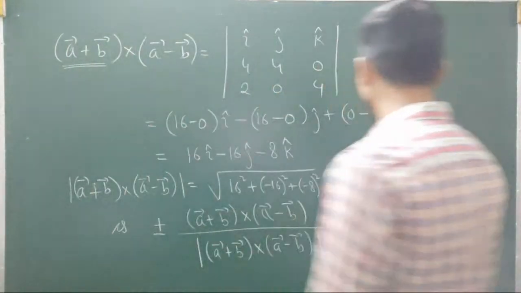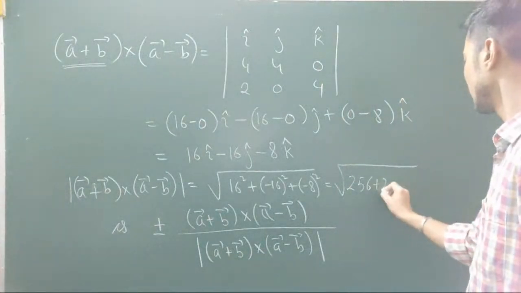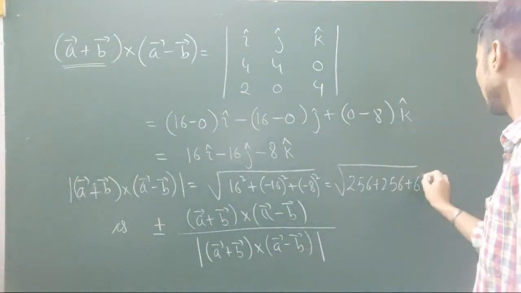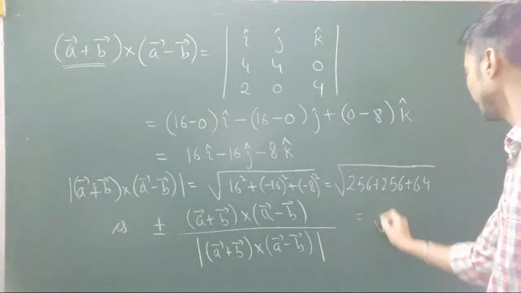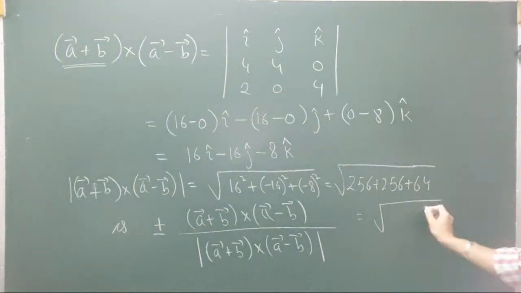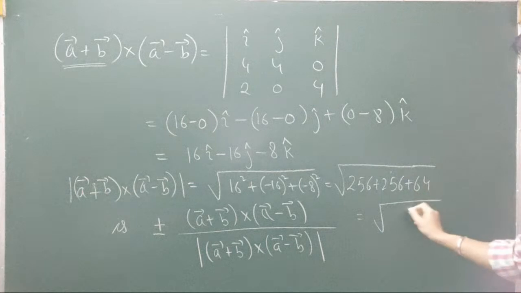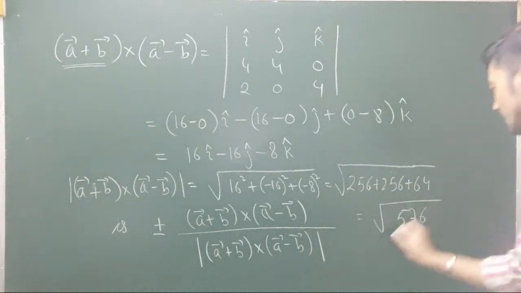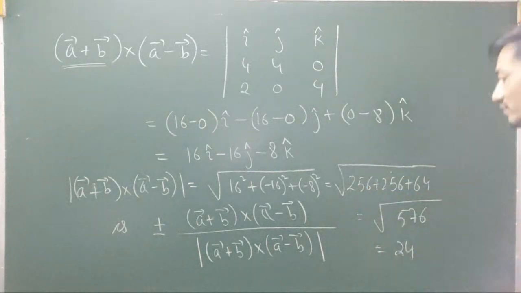So that's going to be 256, 256, 64. How much will this be? 10, 16, 1 left 5, 10, 16, 17, 1 left 2, 4, 5. 576, that is 24.